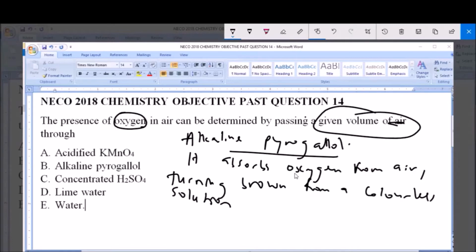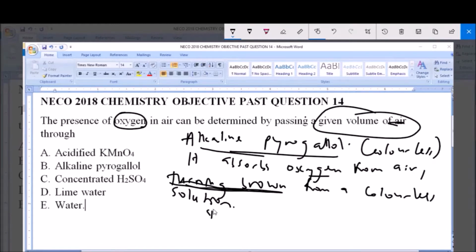So what happens is that alkaline pyrogallol is usually colorless, but when you pass a volume of air containing oxygen, of course, it will absorb that oxygen from the air and turn brown. So it will no longer be colorless again, it will become brown.